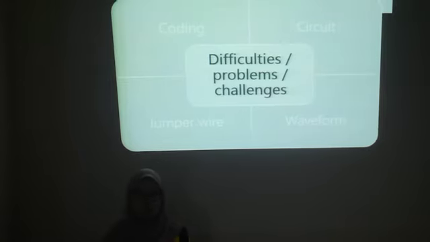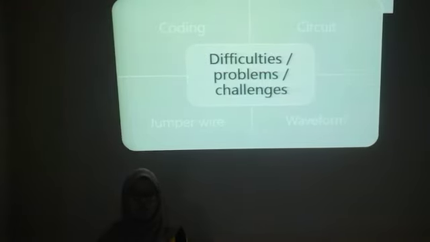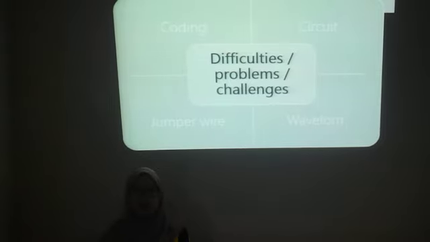Next is the circuit that we designed, which is actually not suitable for the receiver module. In the receiver part we need to add the LM386 module to amplify the signal that we receive from the transmitter.